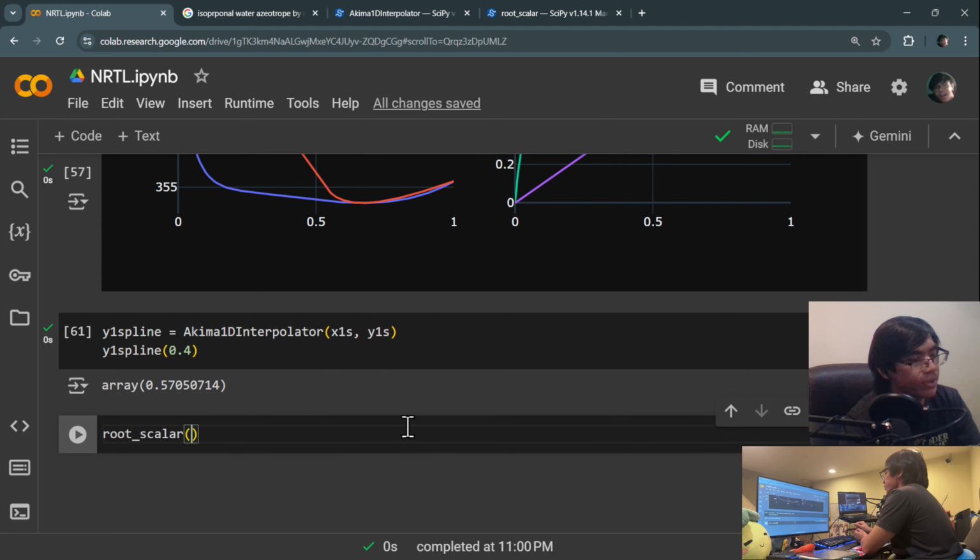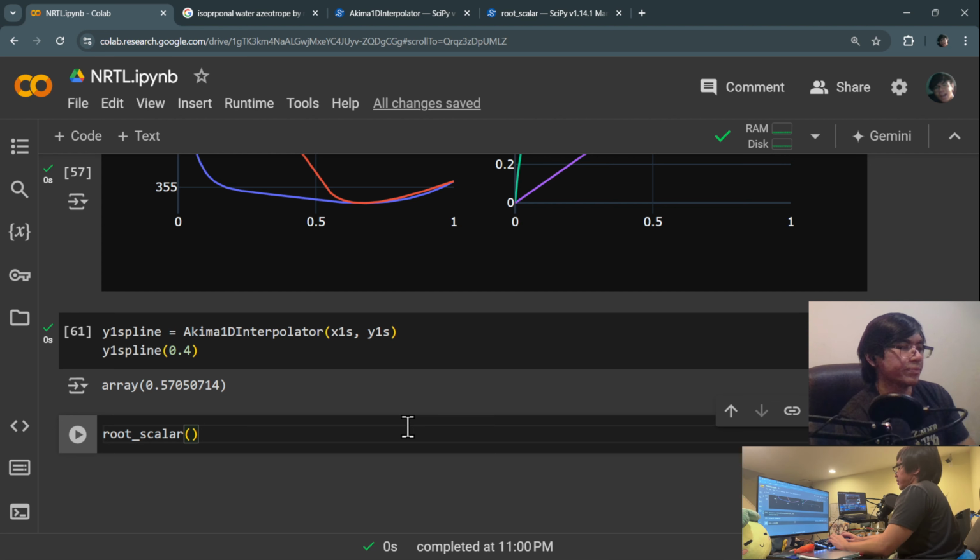So how do we want to do this? I think we can use our lambda function instead of just defining a function for this. So we're going to take the root of a function, our lambda function, using our spline.